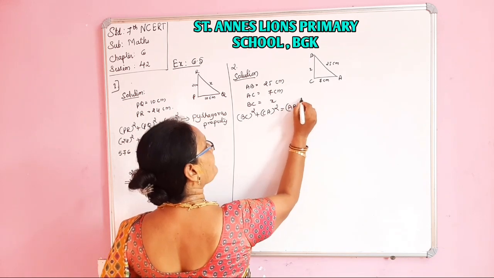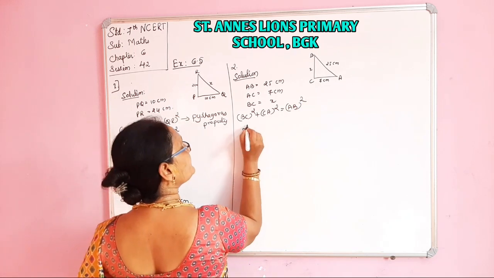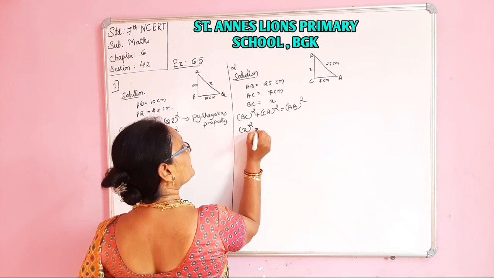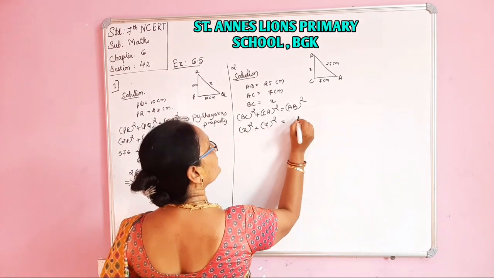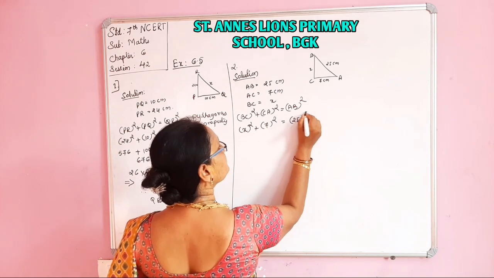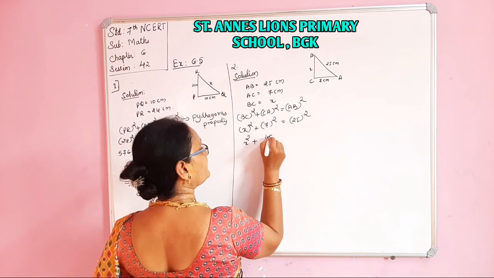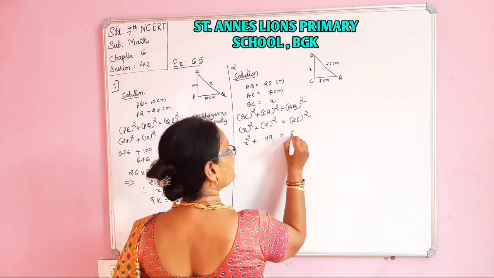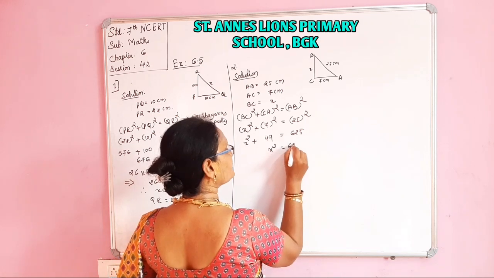What is BC? BC is considered here as x square, plus what is CA? CA is 7 square, is equal to AB, which is 25 square. Now x square plus 7 square, which is 49, is equal to 25 square, which is 625.